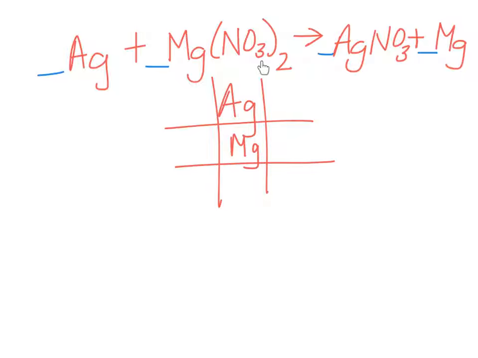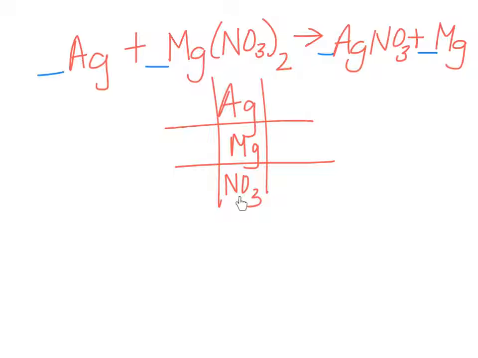See how we have nitrate, which is a polyatomic ion, and the polyatomic ion stays together on the product side. So a shortcut would be to list the entire polyatomic ion in your chart. And you can only do that if the polyatomic ion stays together on the product side. If the polyatomic ion breaks apart, then you have to do the N's and O's separately.